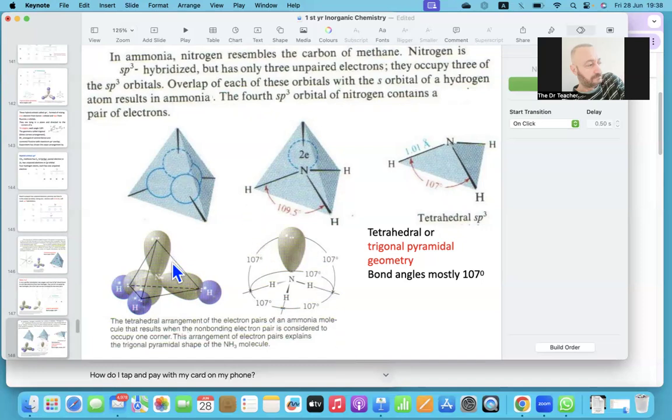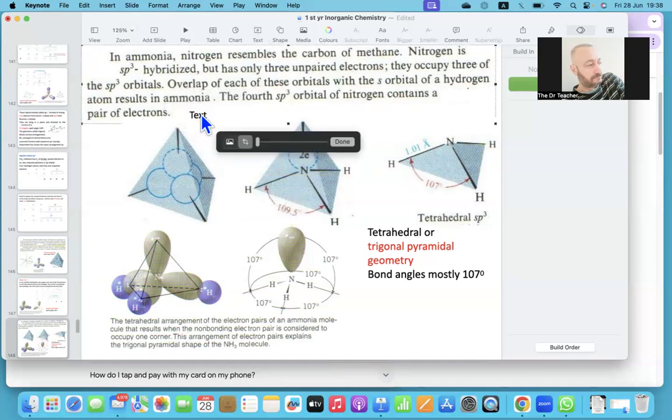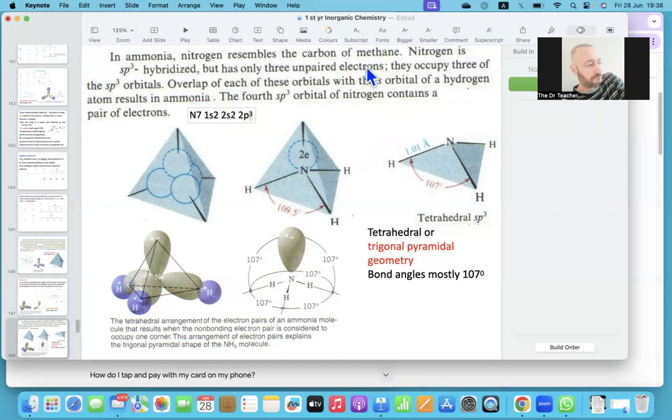Now, let's see what the 5 are doing. We have 3 single electrons in the p.